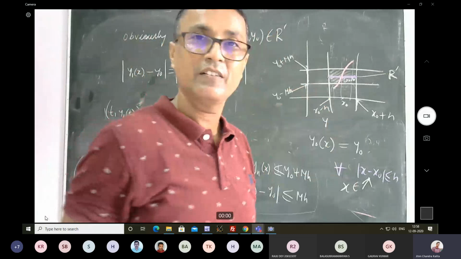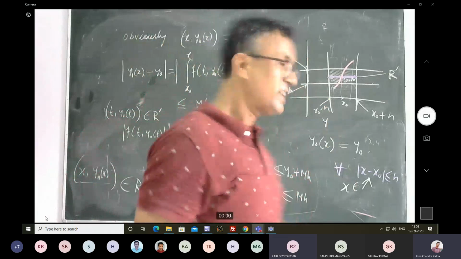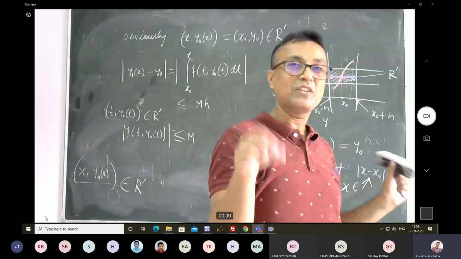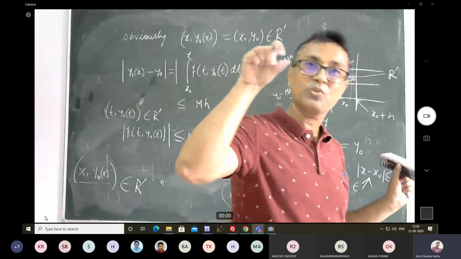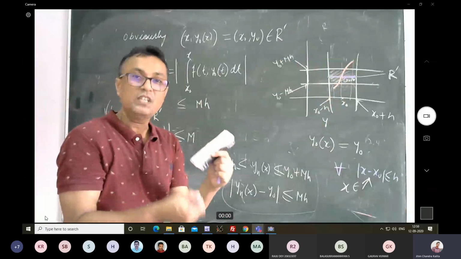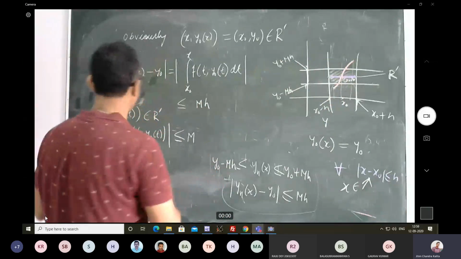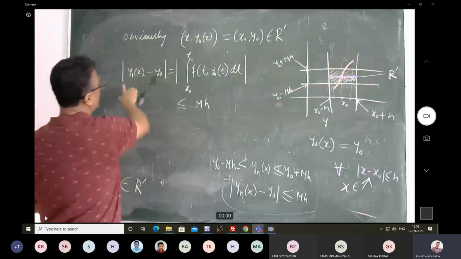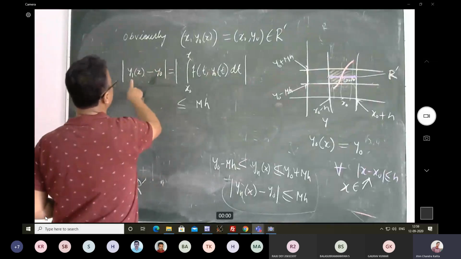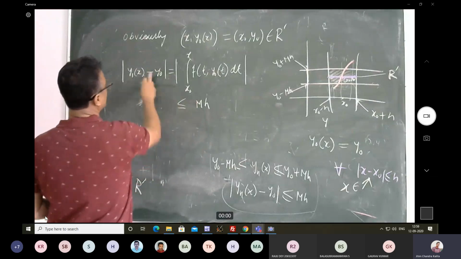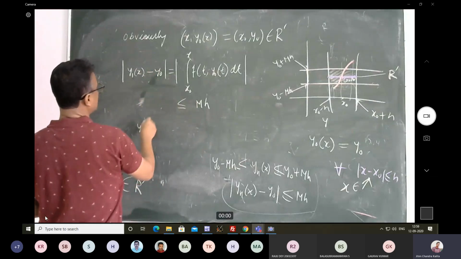Is it okay? That means, and again, I don't want to generalize it. I'm going to go step by step, because in each step you have to make use of the fact that, see, what is this telling me? From this I can tell that y1(x), from here, what does it tell?